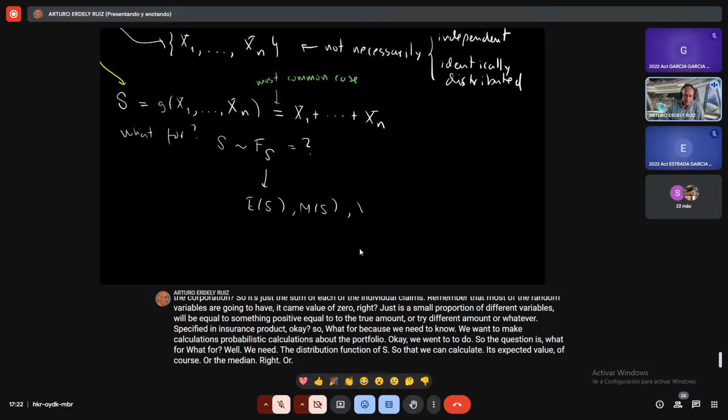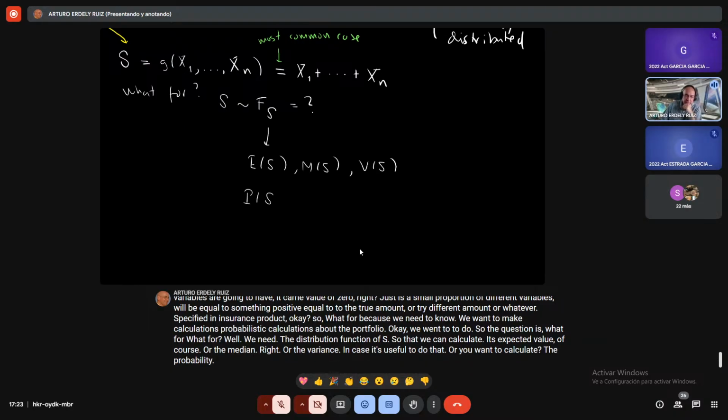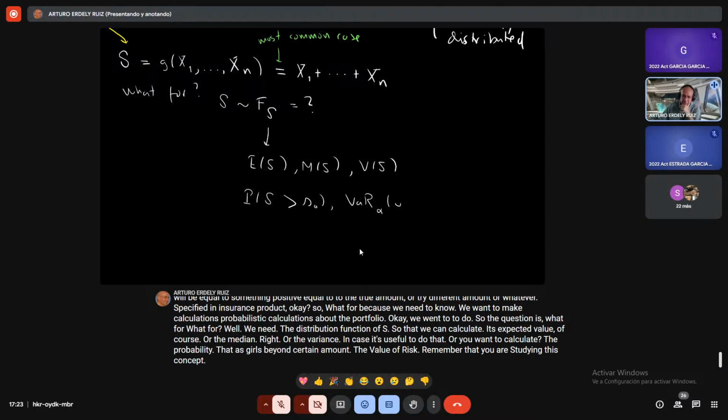Or the variance, in case it's useful to do that. Or you want to calculate the probability that S goes beyond a certain amount, right? The value at risk, remember that you are studying this concept in the video and the article, okay?